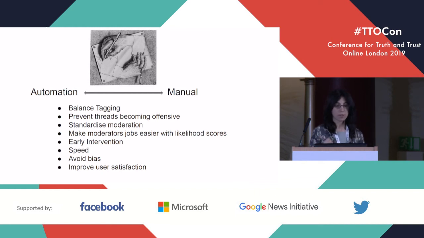It can help us prevent threads from becoming offensive and look more and more towards some form of standardization in our moderation. We want to make our moderators' jobs easier by using likelihood scores of this post is more likely to be offensive, so that they can focus on that interpersonal relationship, which is the job of the Mumsnet community to be the human face of Mumsnet for our millions of users.